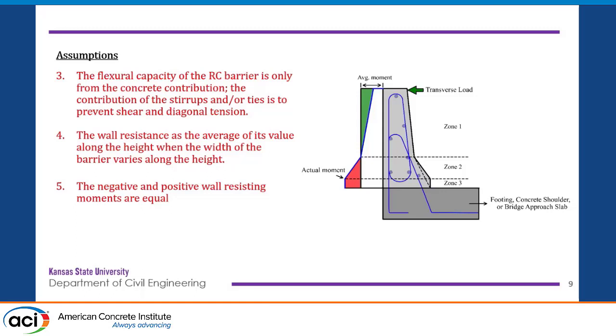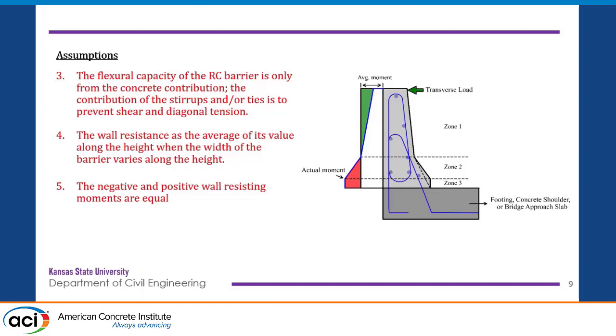If the wall has different widths in the section, we can average the width so that the average width will represent the sectional width. As you can see, averaging the width will reduce the width at the bottom where the moment is higher due to the cantilever action, reducing the moment capacity at that location where it's needed, and adding moment capacity where it is not needed.